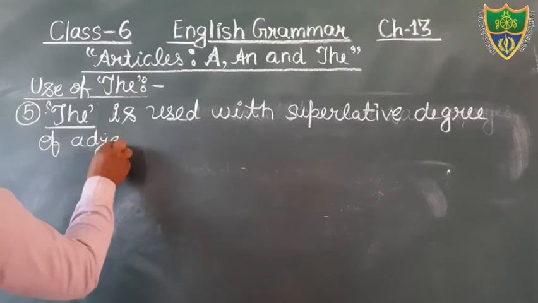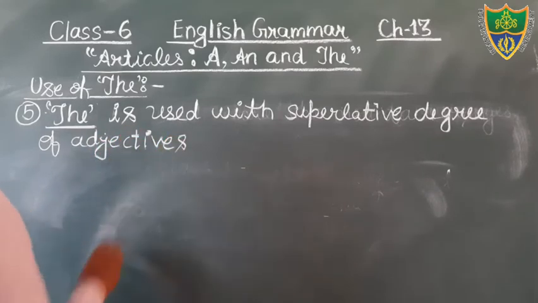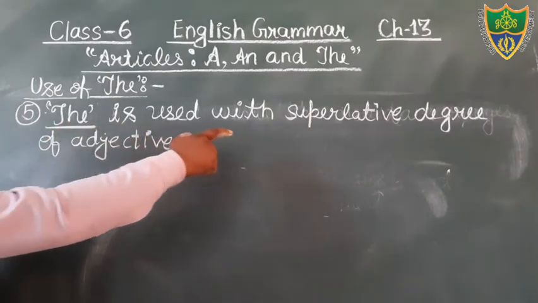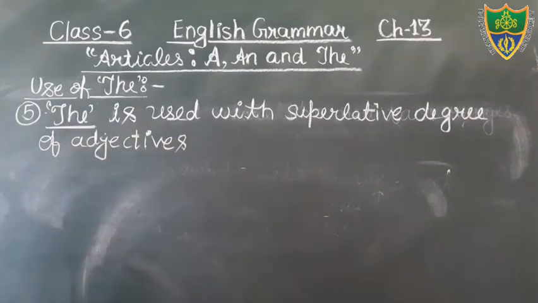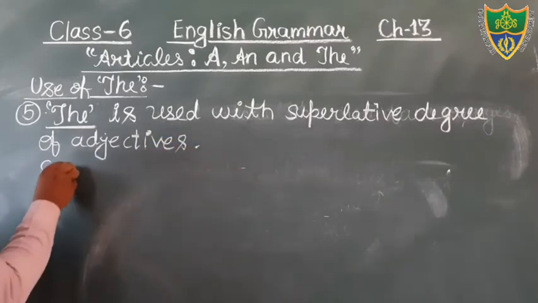Just as you all have read already the degrees of comparison. Okay, so there are 3 degrees: positive, comparative, and superlative. We use the article the is used with superlative degrees of adjective. Okay. Example you can see. Just write down the example also.